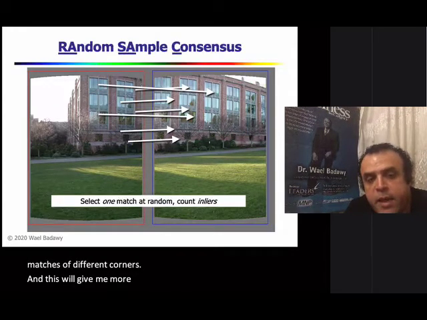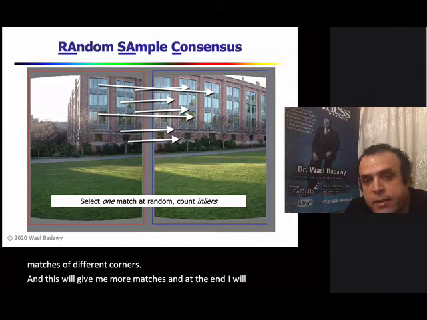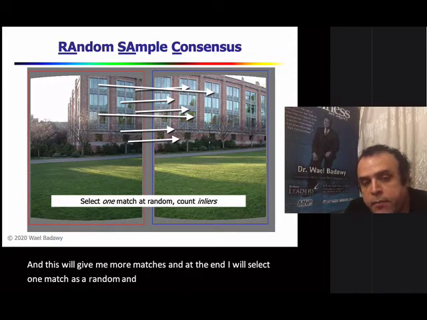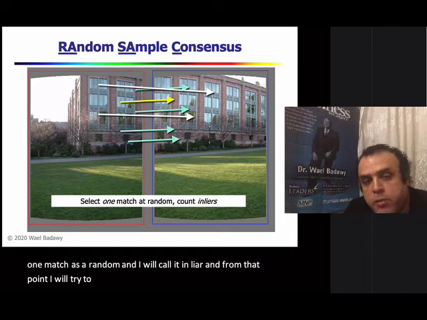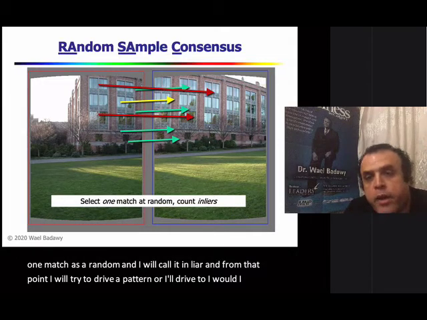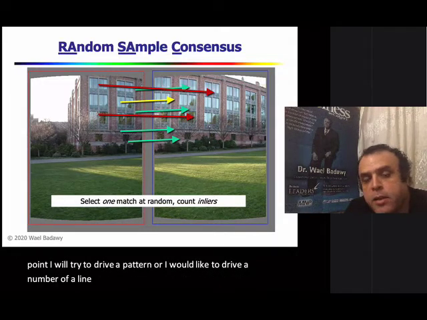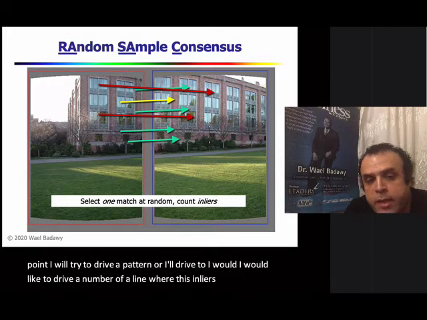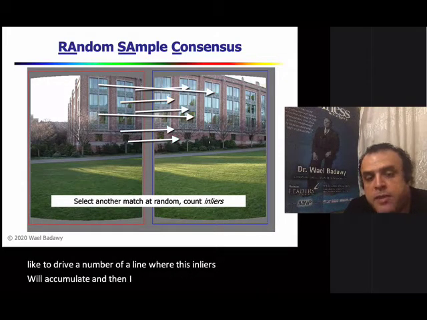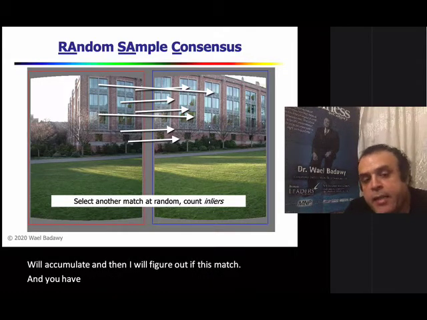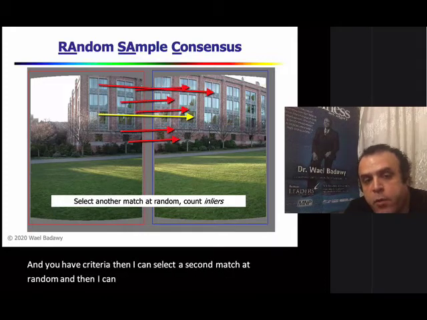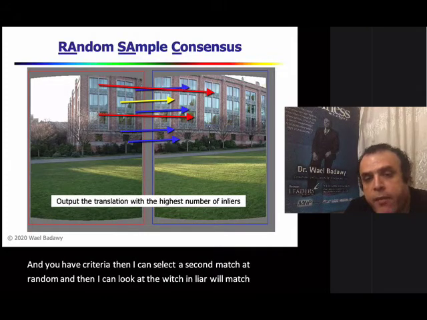At the end I will select one match at random and call it an inlier, and from that point I will try to derive a pattern, or a line where these inliers will accumulate, and then I will figure out if this match fits your criteria. Then I can select a second match at random, look at which inliers match this second one, and keep going.